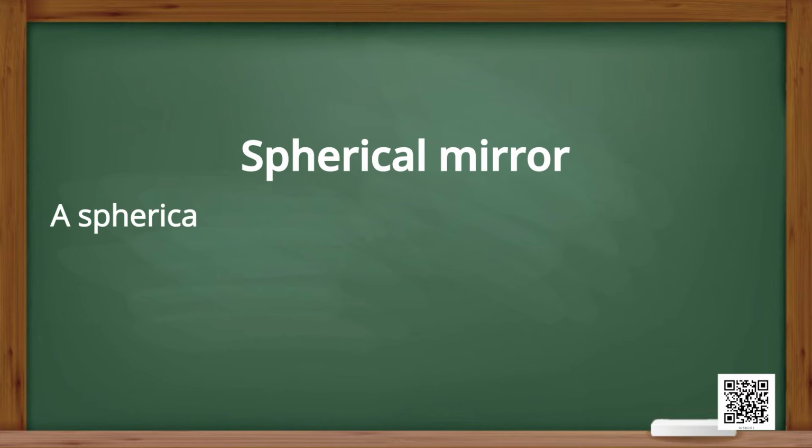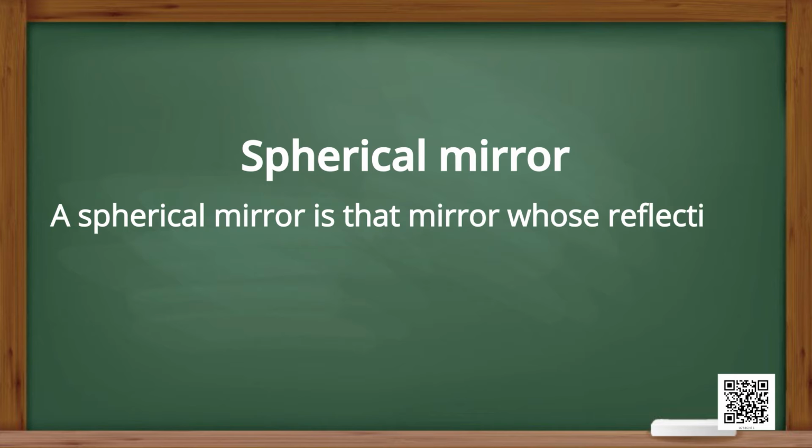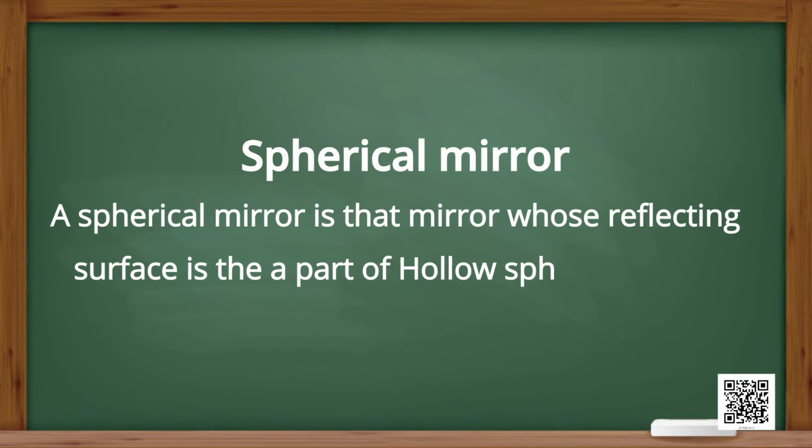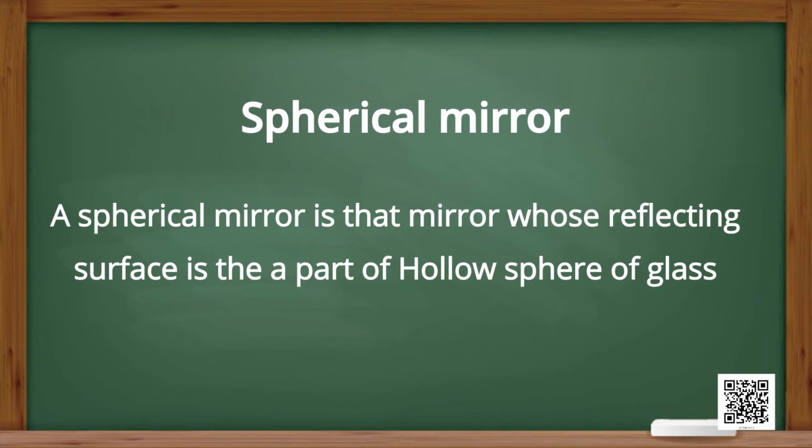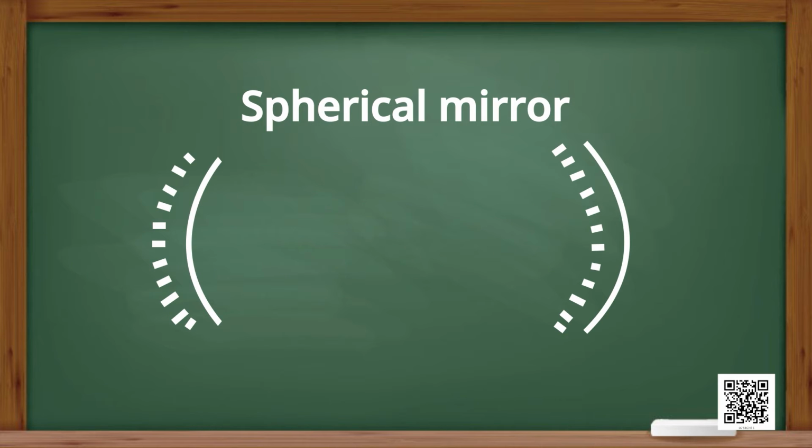A spherical mirror is that mirror whose reflecting surface is the part of a hollow sphere of glass. We have two types of spherical mirrors. First, concave mirrors and second, convex mirrors.